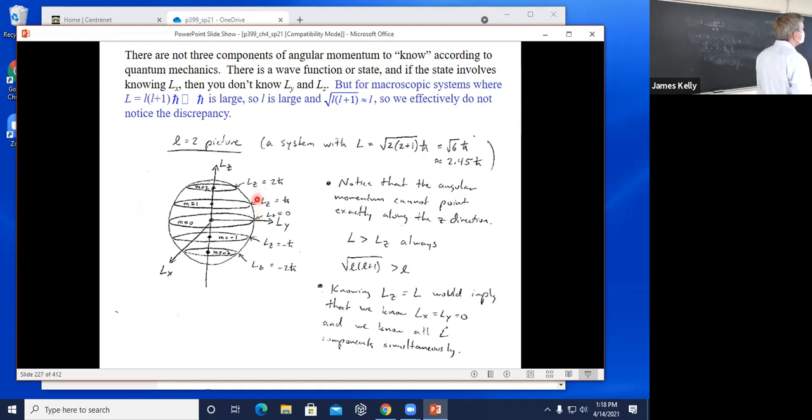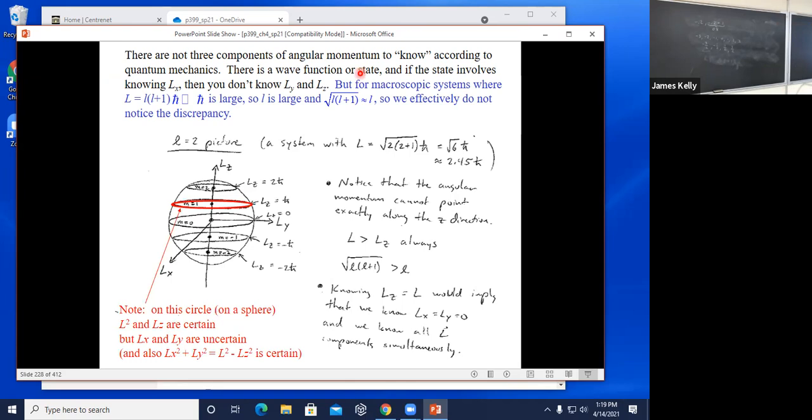If we are in a state of definite Lz, we can never have it align with our z axis exactly, because that would involve knowing Lx and Ly. But in practice, if we have something macroscopic, these numbers are so large that we can effectively line it up as close as we'll ever notice with any axis we choose.